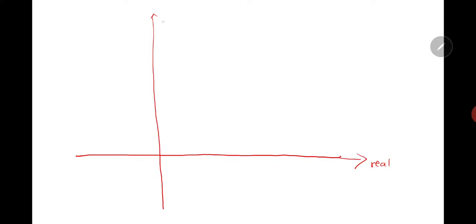So, sketch. The root locus is drawn in the z plane. So we have the real axis, and then we also have the imaginary axis. And then we can plot the desired dominant pole that we have just obtained.